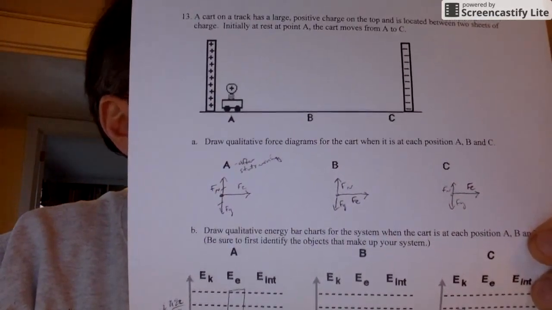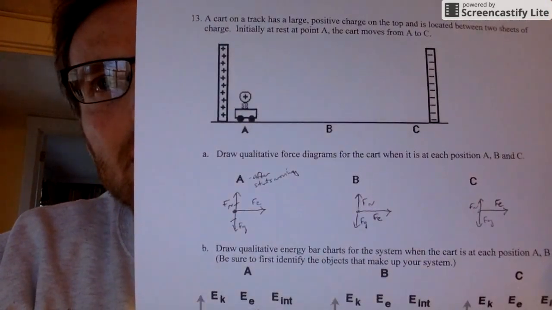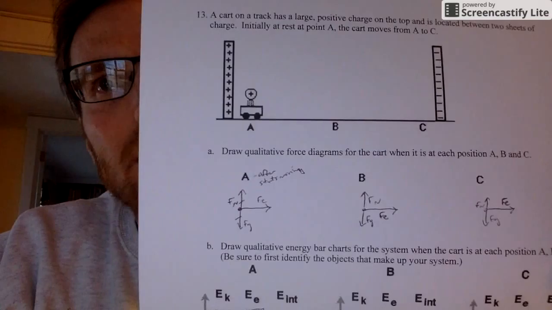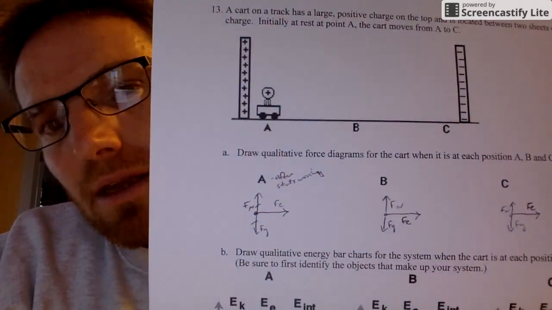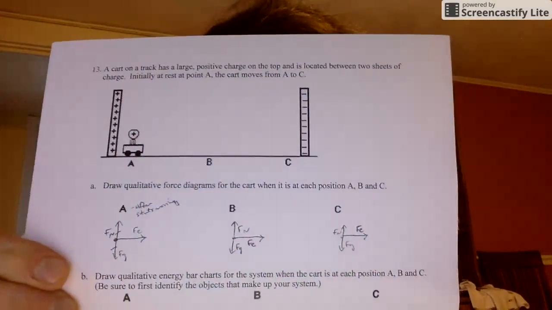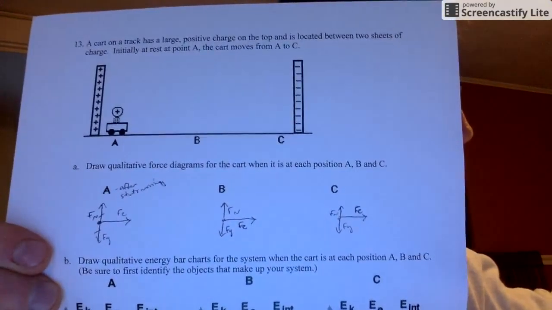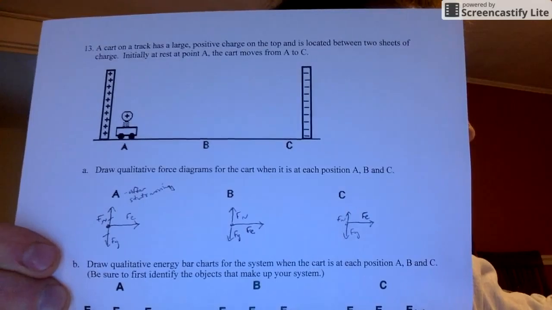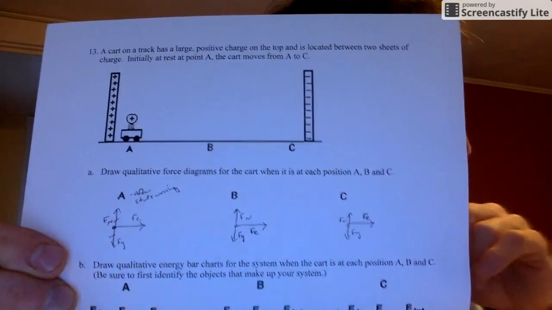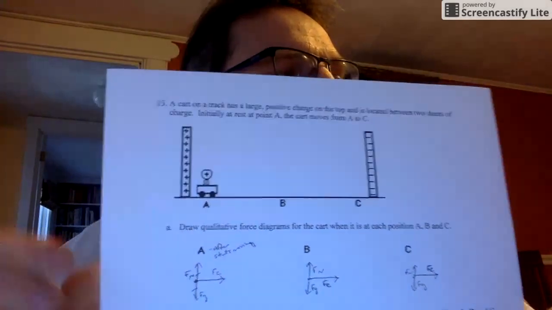Also, since electric energy is a function of, let's see, the equation for electric energy is Q times, charge times your potential difference.